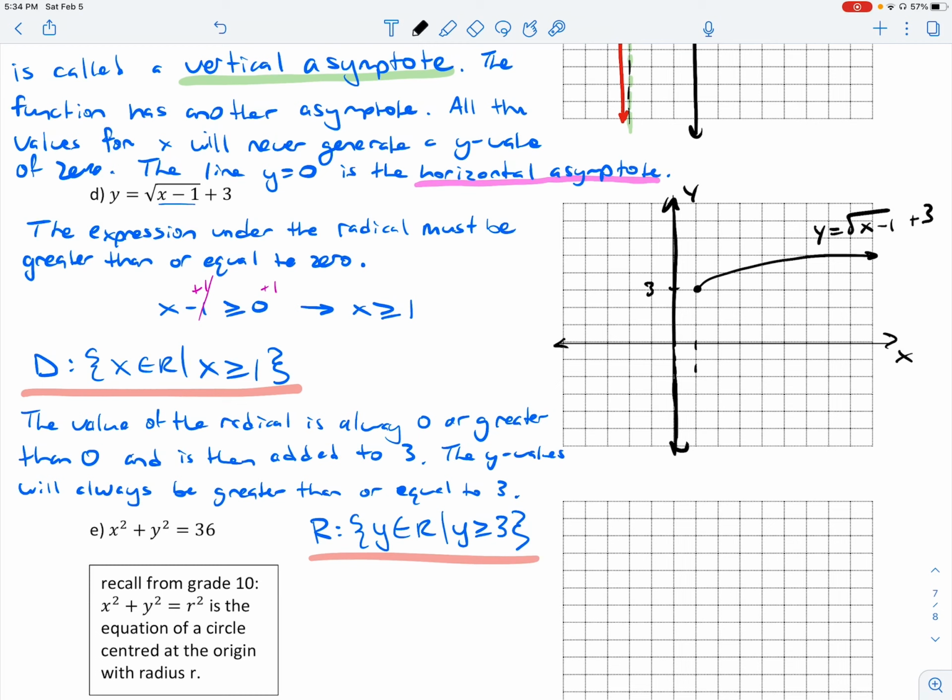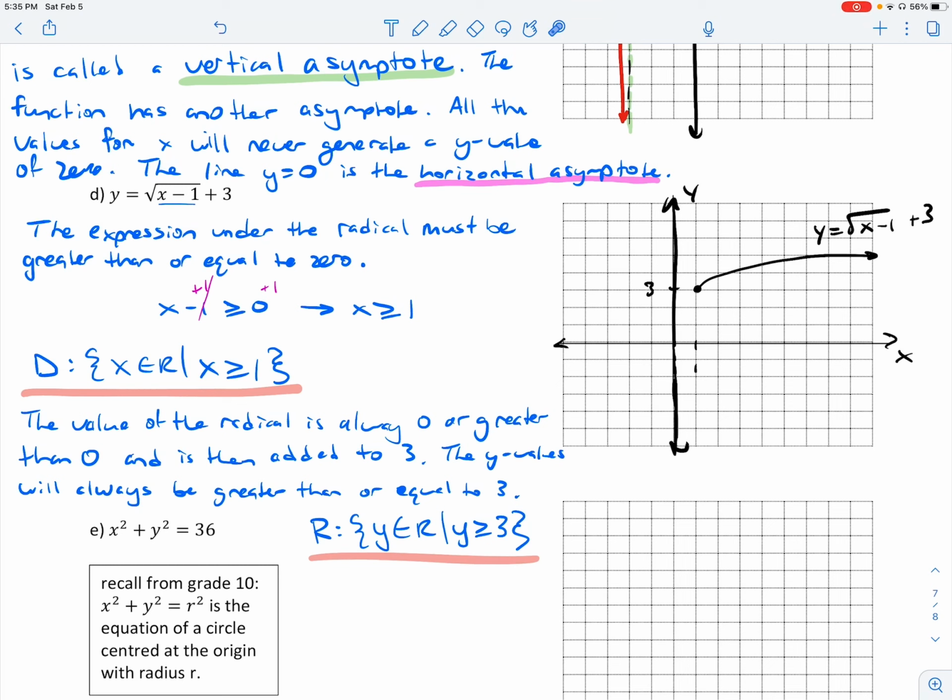So we can see here for the domain, just to go over this again, all my x values have to be greater than or equal to 1. So 1 is right here. All my x values that are in this curve are from 1 onwards, right? We can see that because this graph keeps extending this way, so I'm going to use everything from here onwards for x.